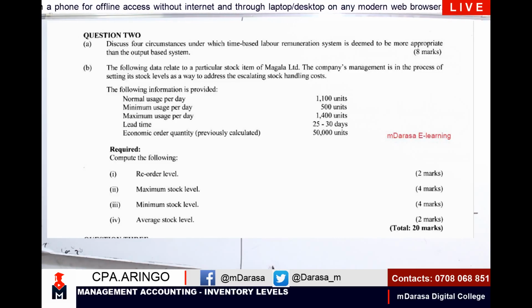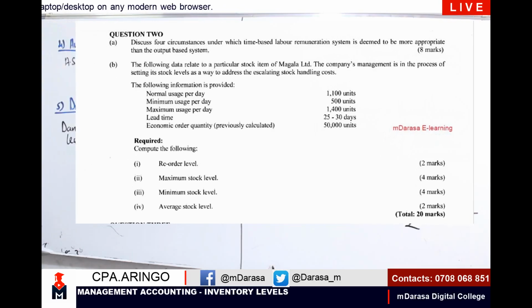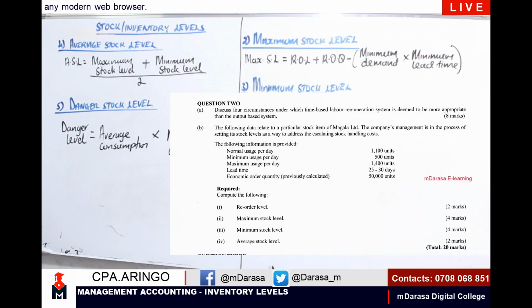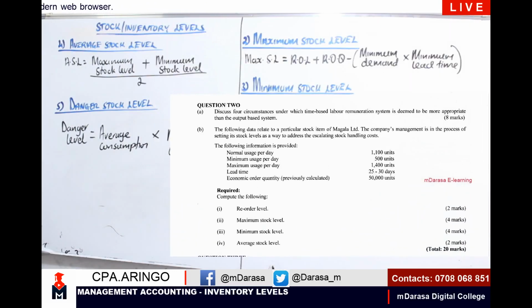Required here, we are told that we need to compute the reorder level, maximum stock level, minimum stock level, as well as the average stock level. Even if you're given such a question, after we have looked at the whole of this concept, we can easily do it, I believe.